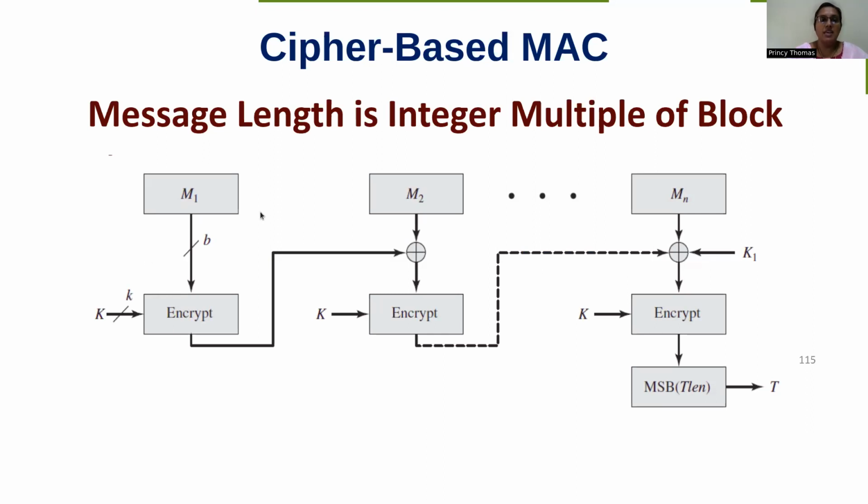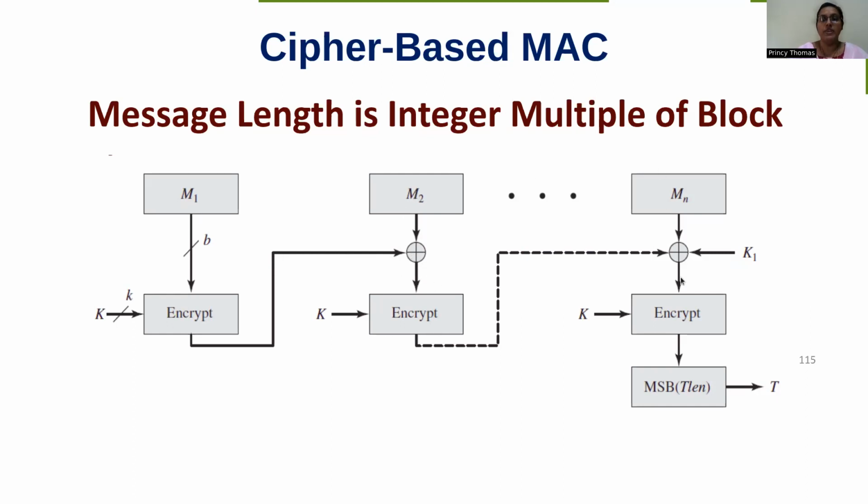Okay, and this is when the message length is an integer multiple of the block size. So this is the message length. M1, M2, Mn are the n blocks of the message. They are encrypted using the key K, and the first encryption is given to the second encryption, XORed with the next block, and then encryption is done.